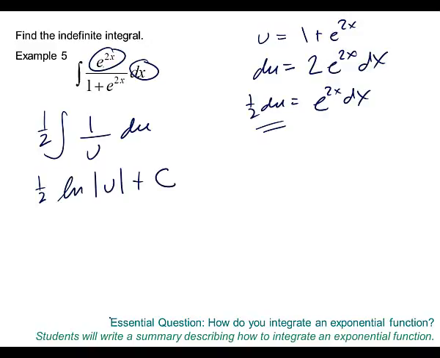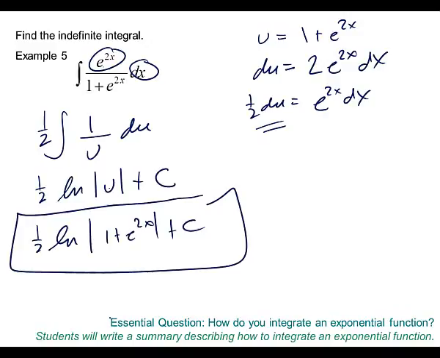Good. And then for the u, what do I get to put back in? Good. How do you tell your absolute value? I try to make the absolute values longer than my ones.